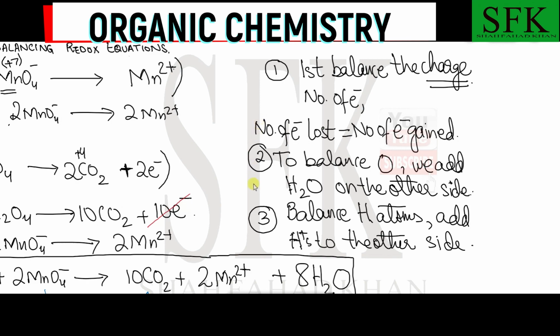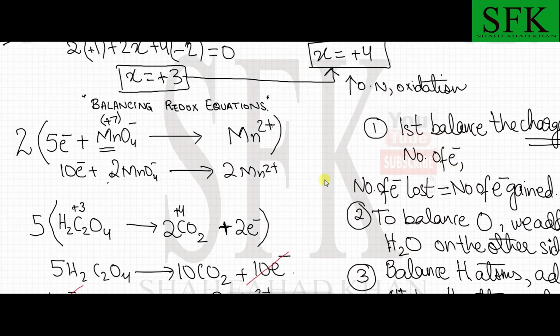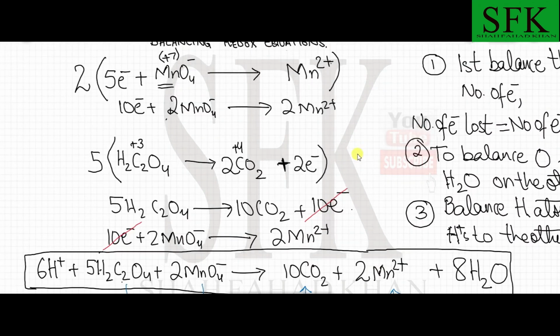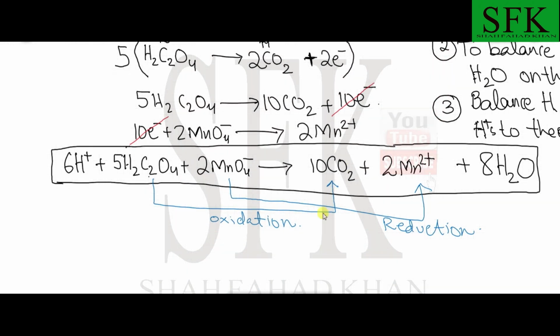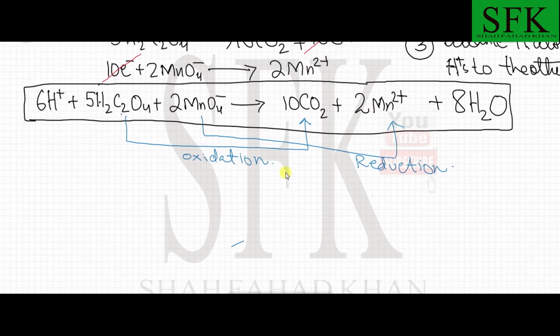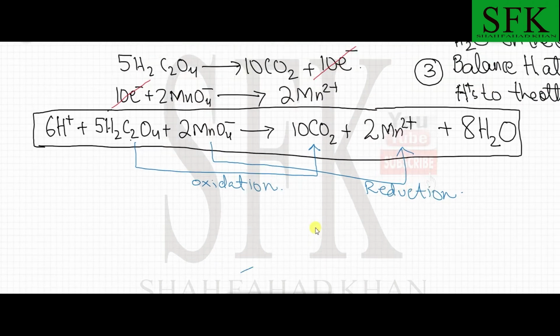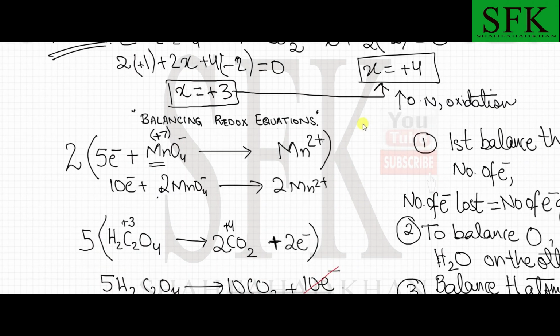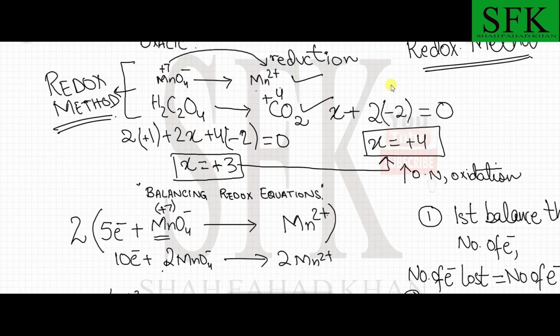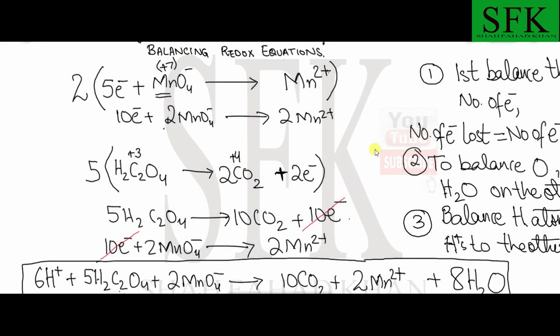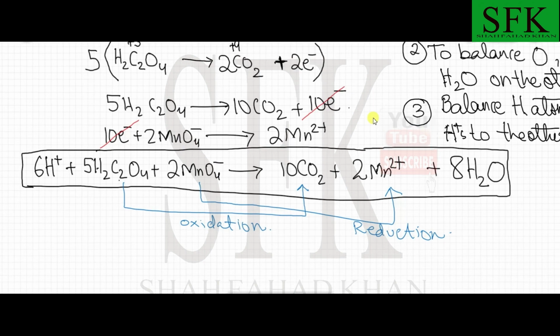So these are the simple steps that you need to follow. And please be careful of the number of electrons. Okay, so this is a very important equation. Keep it in mind. And that's it with balancing redox equations with respect to the carboxylic acid chapter.